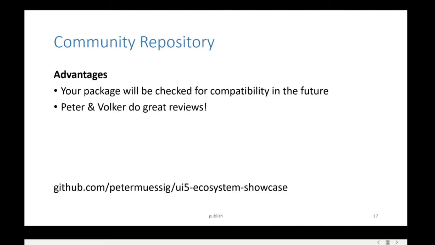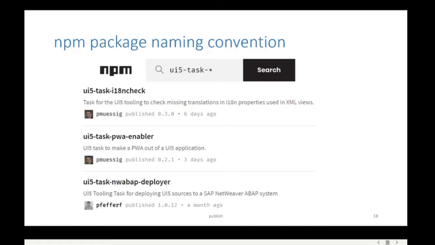You will learn a thing or two in the process, and you can find the repository link below. But if you go with your own package, you should name it like UI5-task or middleware, so that people can find your package.